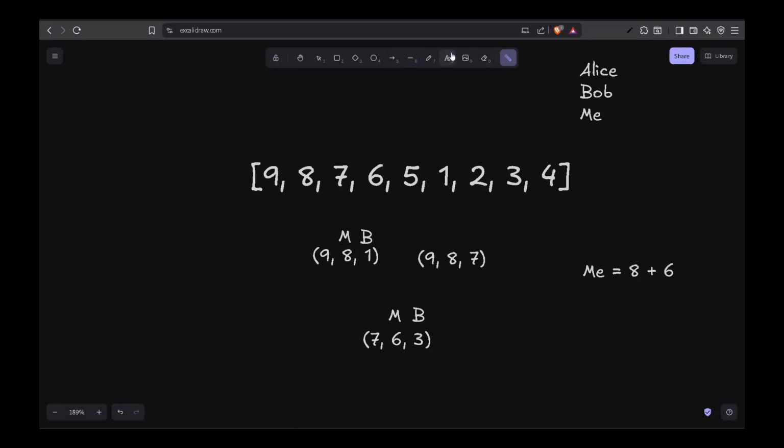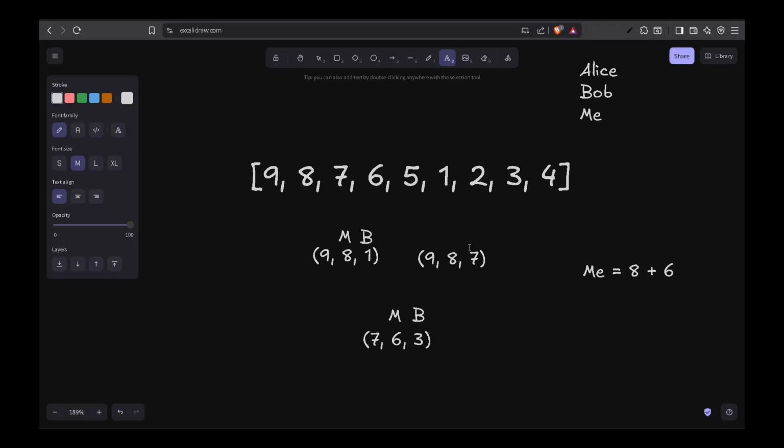So in this path, Bob would have gotten this one and I would have gotten this one, right? Same as before, 8. But if Bob had taken 7, we would not have been able to use 7 here, right?